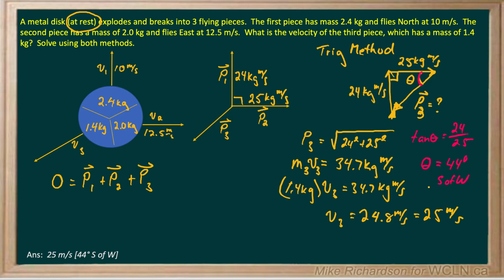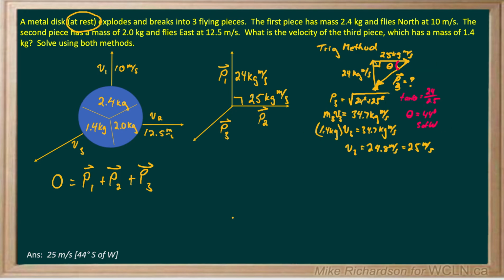Now let's look at the component method. I'll push aside the trig method so we have some room. With the component method, we simply do the original momentum equation once in the x and once in the y. So let's start with our x direction. 0 equals p1x plus p2x plus p3x.